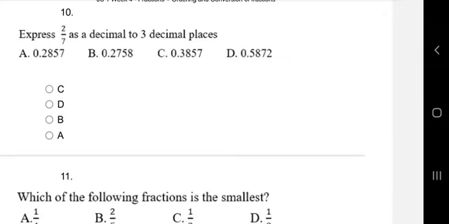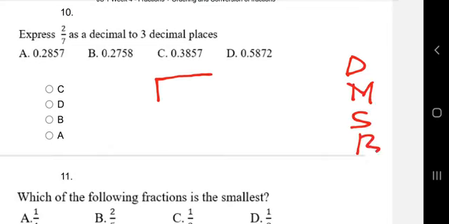Question number 10. Express 2 over 7 as a decimal to 3 decimal places. We're going to use the long division method to solve this. Don't forget long division. We must understand this process: D, M, S, and B. We have 2 inside and 7 outside. 7 cannot divide 2, so that will be 0 point.